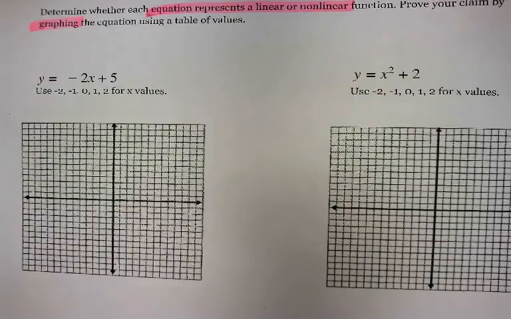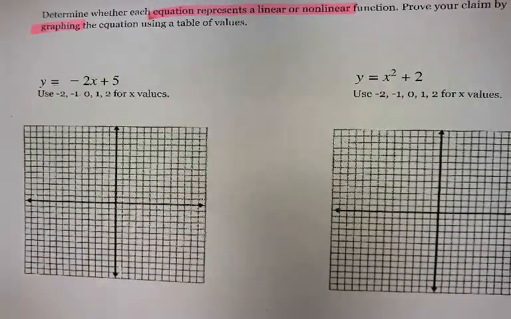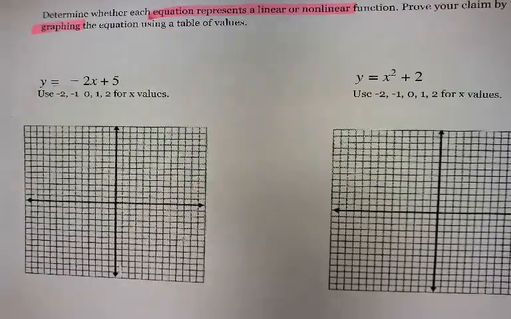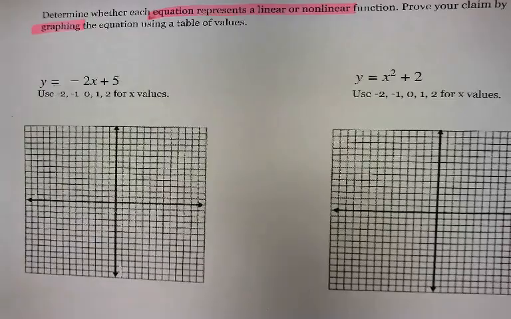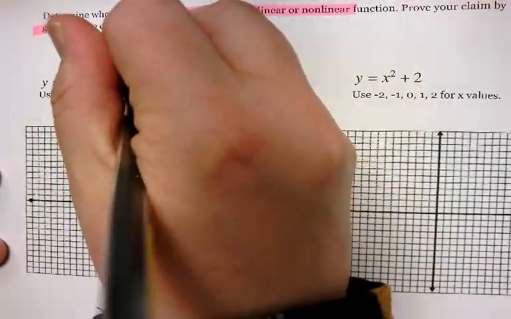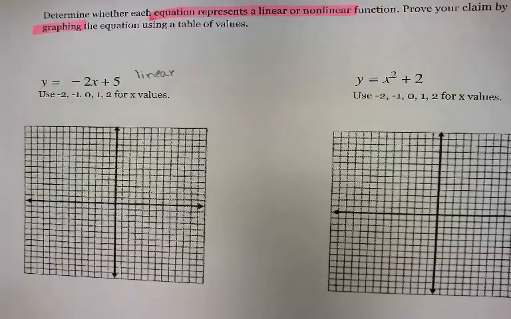I have y equals negative 2x plus 5. Looking at this, I don't see any exponents, I don't see x in the denominator, and I don't see x with a square root symbol. So I'm going to say that this is a linear equation. And now I'm going to prove it by graphing it.